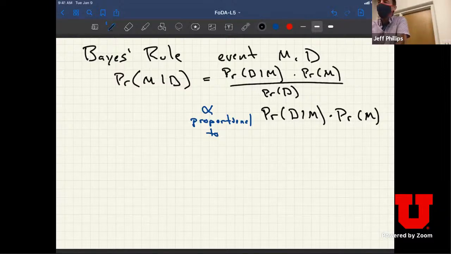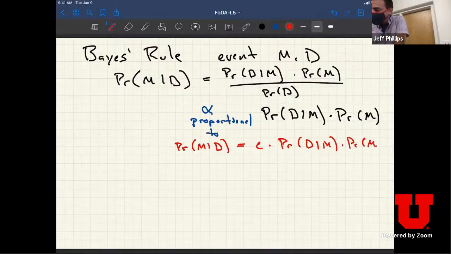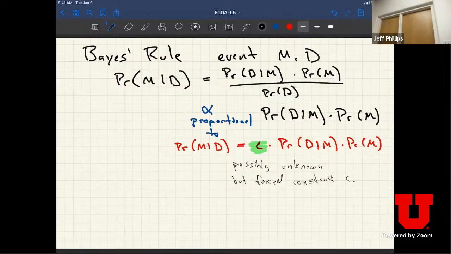So this proportional means, just to be clear, this is like saying that the probability of the model given the data is equal to C times the probability of the data given the model times the probability of the model, for some possibly unknown, but fixed constant C. So there's something I multiplied by in front.